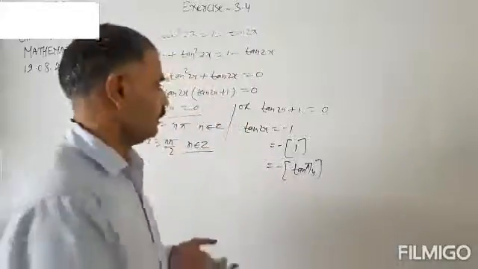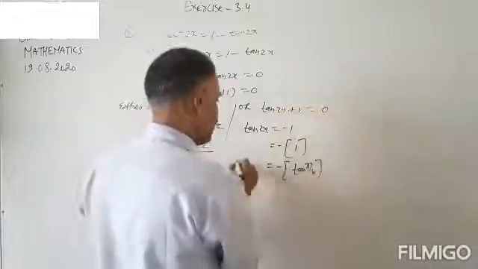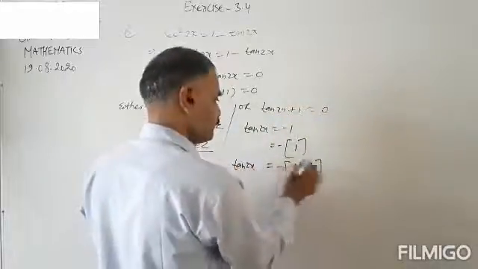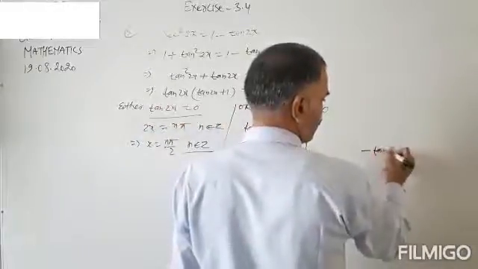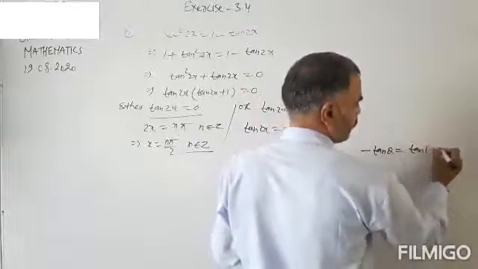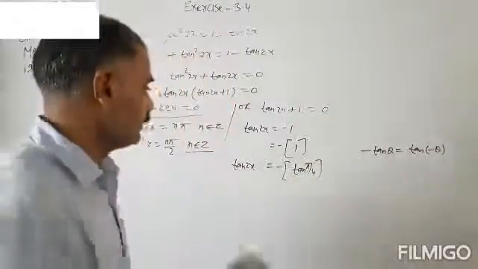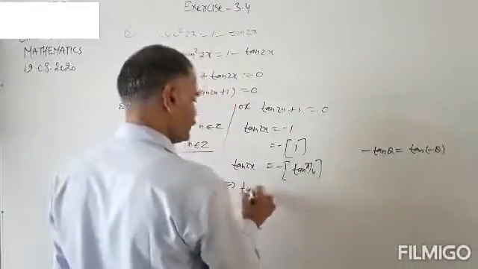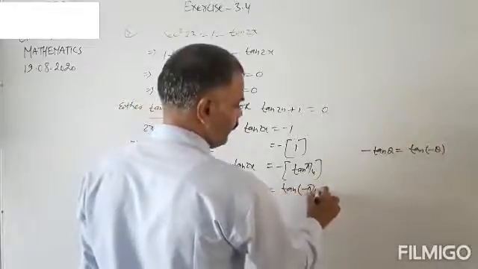So tan 2x equals minus tan pi by 4. And minus tan theta is equal to tan of minus theta. So tan 2x equals tan of minus pi by 4.